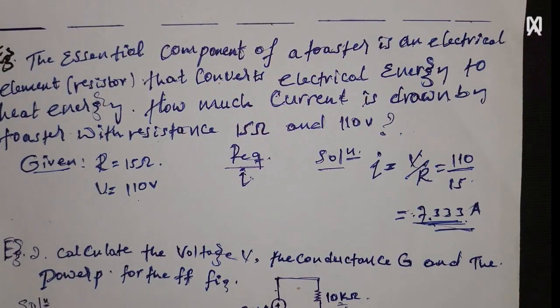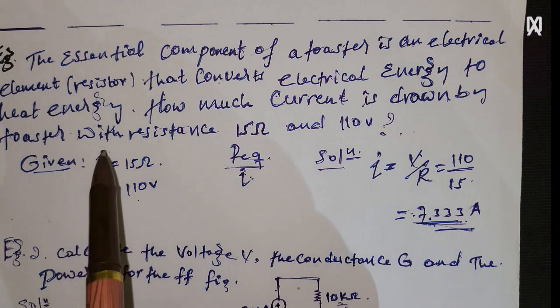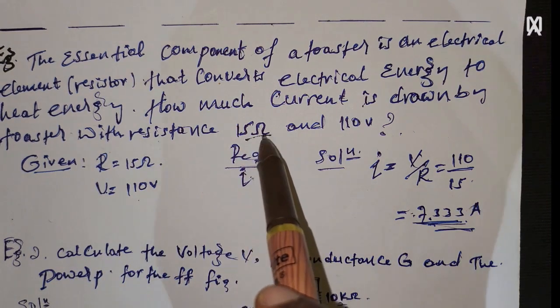Now let us solve some practical problems. The first example says that the essential component of a toaster is an electrical element, a resistor, that converts electrical energy to heat energy. How much current is drawn by a toaster with a resistance of 15 ohm?